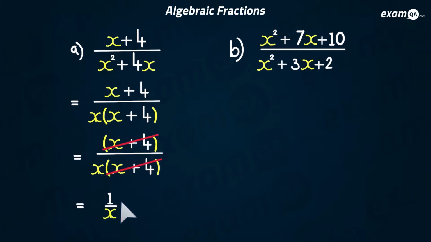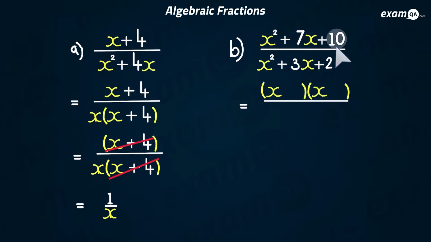Now let's try the next question. If you're doing this video, you should already know how to factorize double brackets, because we're going to be doing that in this example. So let's do the numerator first. Now of course, both brackets are going to have an x in it because of the x squared. Now we need to look at this 10 to decide what numbers go inside.